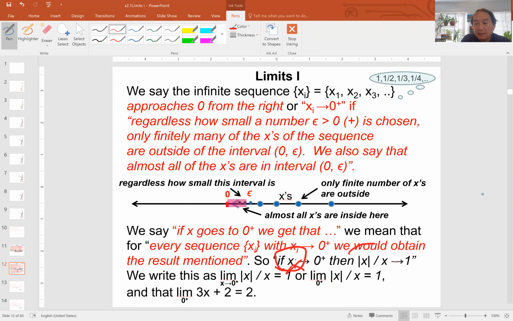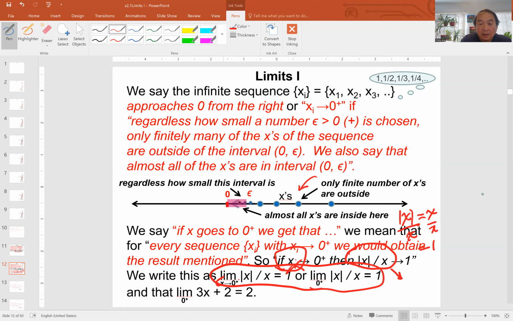You plug in the formula, the absolute value of x over x, and you look at what the output is every time, and you find out every time it's 1, because on the right-hand side of 0, the absolute value of x is x. If I divide by x, x divided by x is 1. Therefore, we say as x goes to 0 from the right-hand side, the formula absolute value of x divided by x goes to 1. And we write this in this manner.